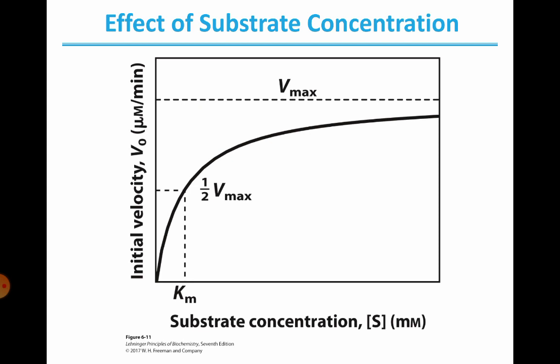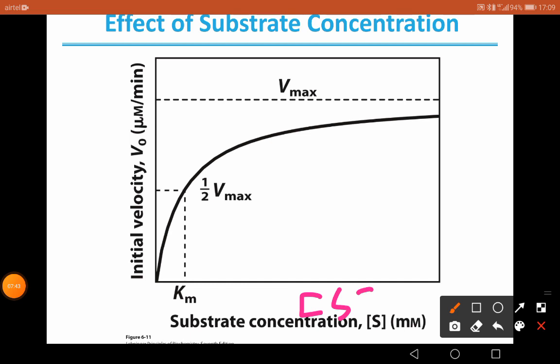And this is the effect of substrate concentration. If I take the concentration of the substrate here, and we have enzyme and substrate, as I increase the concentration of the substrate, the reaction progresses and the velocity increases, and at a particular point this graph becomes a straight line.